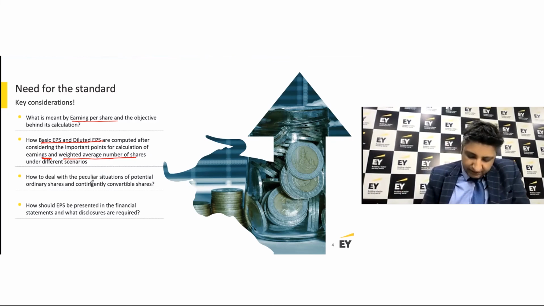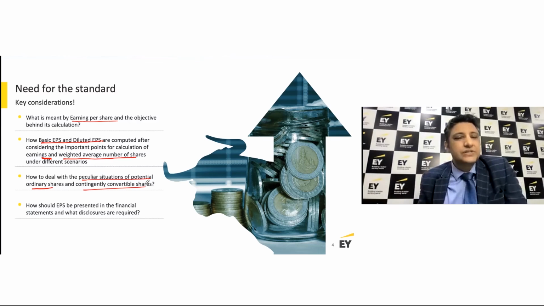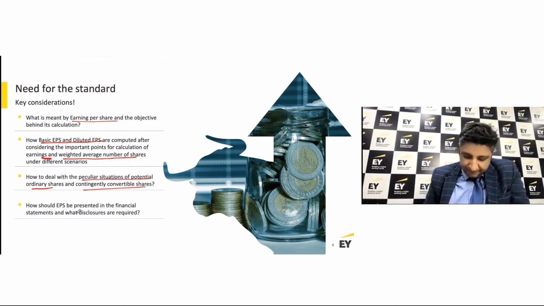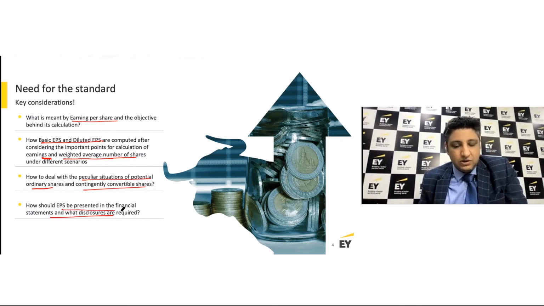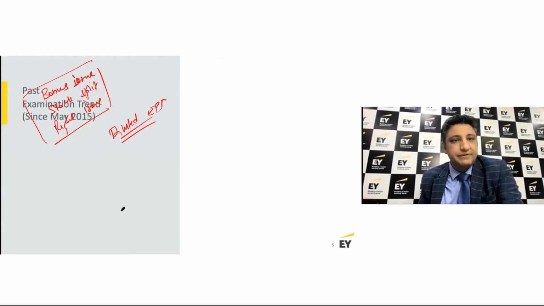There's also a reference to potential ordinary shares or potential shares, and to some extent a discussion on contingently convertible shares. And finally, the presentation and disclosure requirements of this particular standard. So that's where this entire conversation is going to be driven.